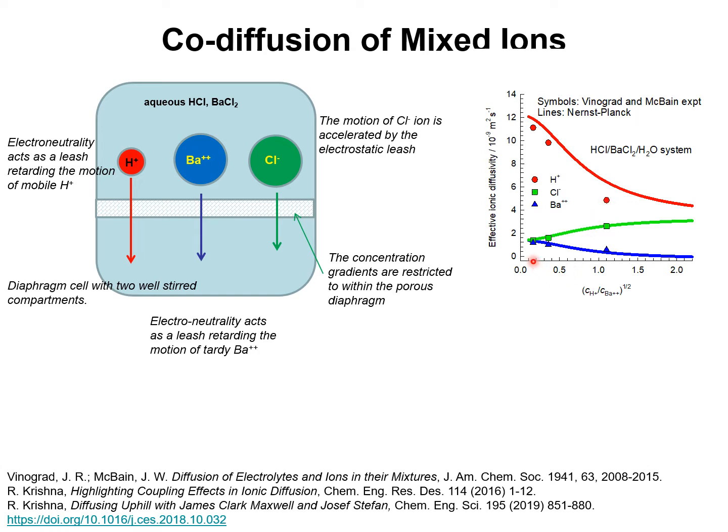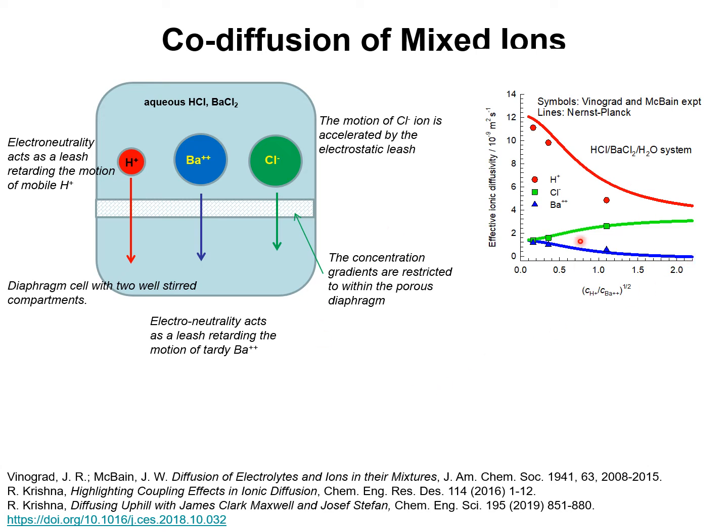Concomitantly, we note that the ionic diffusivity of the chloride ion increases, whereas the ionic diffusivity of the positively charged barium, that is much tardier than H+, is further reduced to a value that is practically 0.